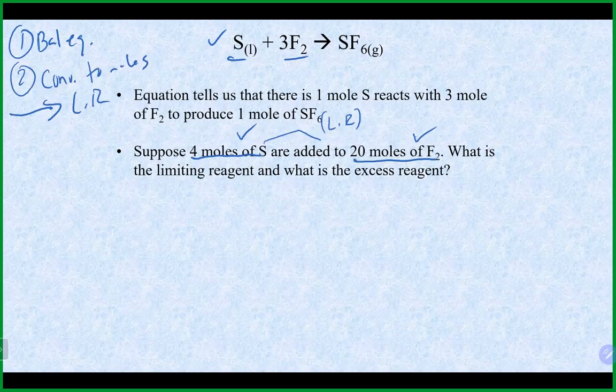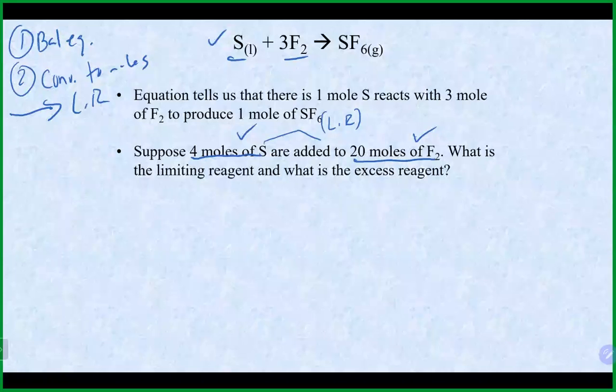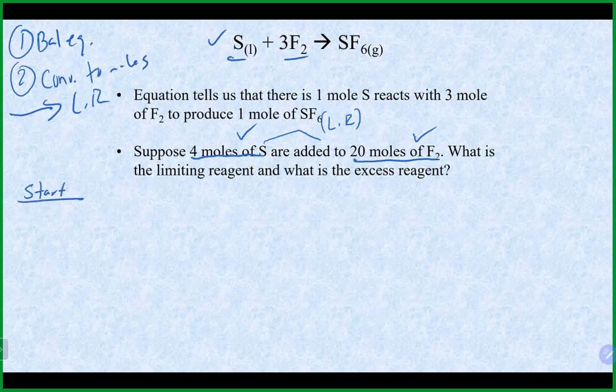This approach does a small calculation to figure out, if I want to use up one of my reactants, how much of the other one I need to put in there. So just to illustrate it here, we are starting with 4 moles of sulfur and 20 moles of F2.